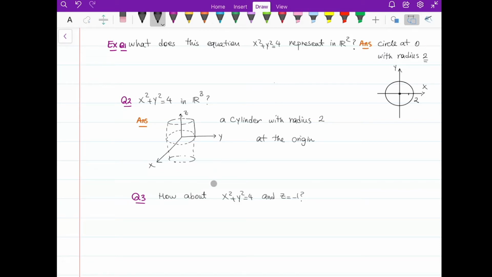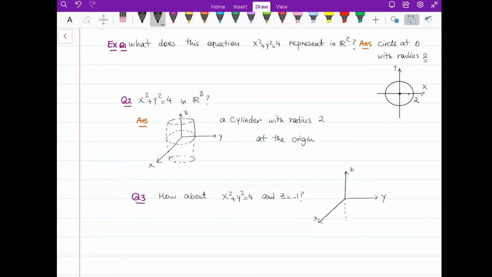We have the set of all the points with the first and second coordinate following this rule, and the third coordinate is equal to -1. What do you think? I'm gonna graph the axes and give you some time to think. x, and then y, and then z.